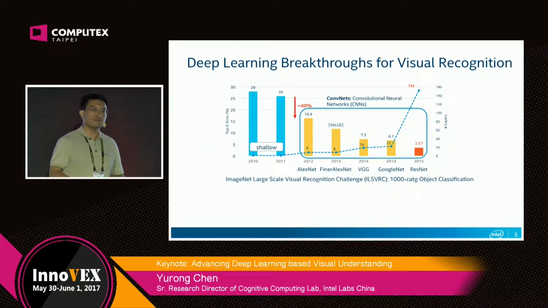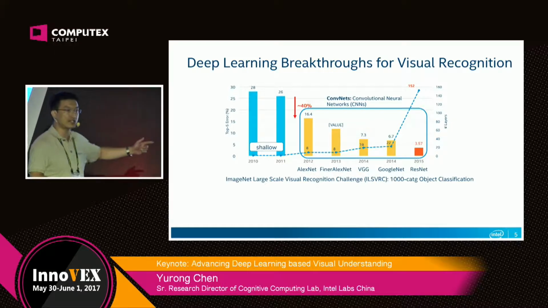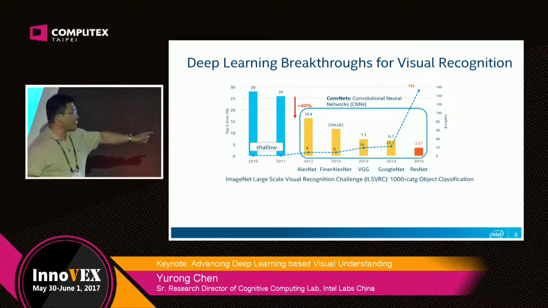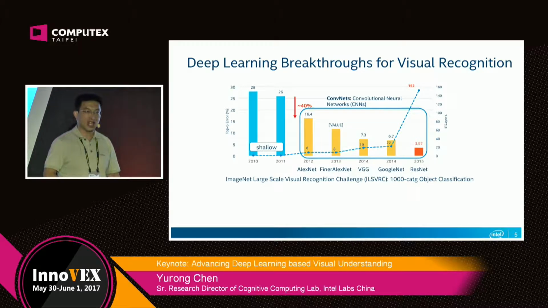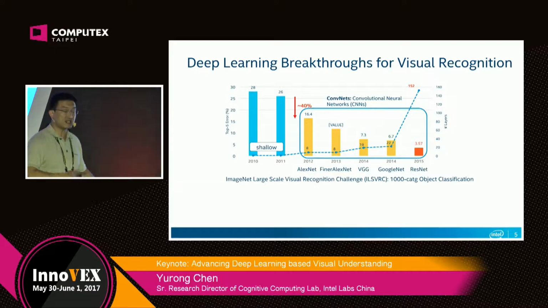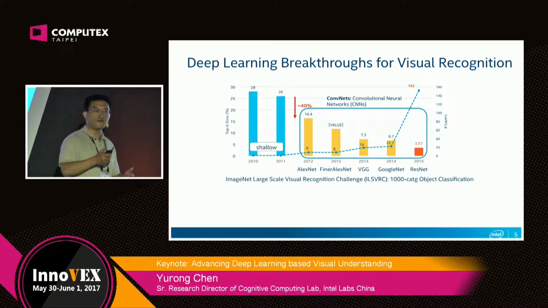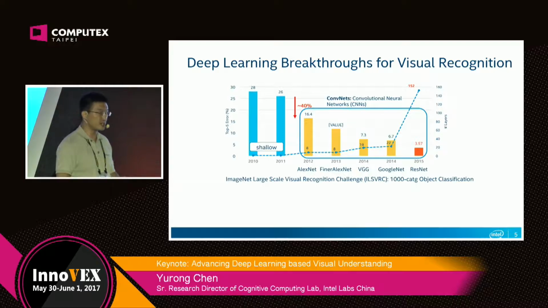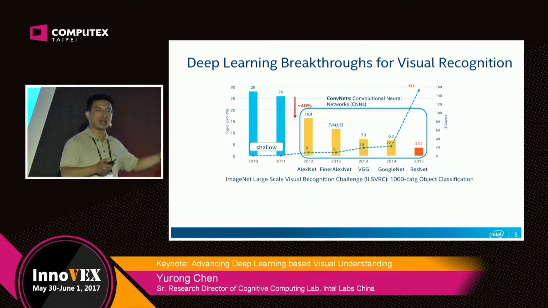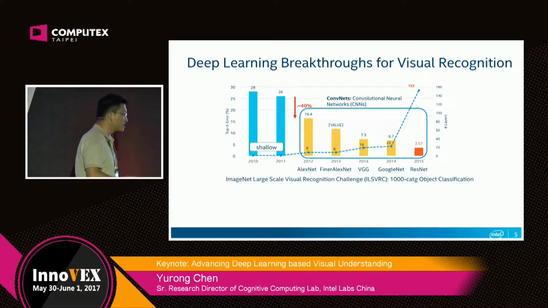Deep learning is behind most of the recent breakthroughs in video recognition, speech recognition, and natural language processing. Here is a little history of 1,000-category object classification on the ImageNet large-scale visual recognition challenge. In 2012, a CNN-based method, AlexNet, beat the handcrafted feature-based methods, and it achieved a 40% top-5 error improvement, which is a huge improvement. From then on, all submissions have been based on ConvNets, and they achieved about 30 to 40% improvements every year with deeper and deeper ConvNets.